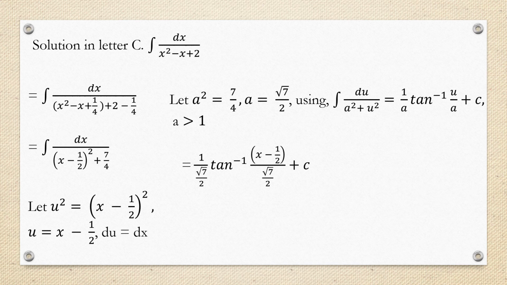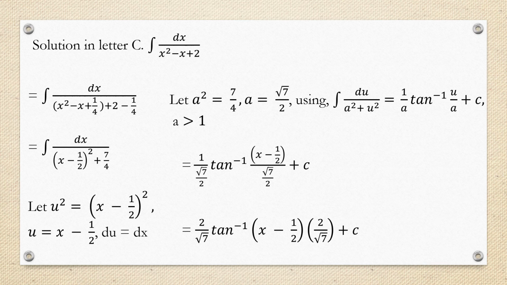We are not done in this part, because we still have to get the reciprocal of square root of 7 over 2 in here, and on this side also from the left. As we get the reciprocal, from the left-hand side it will become 2 times square root of 7, because 2 times square root of 7 times 1 is still 2 times square root of 7.